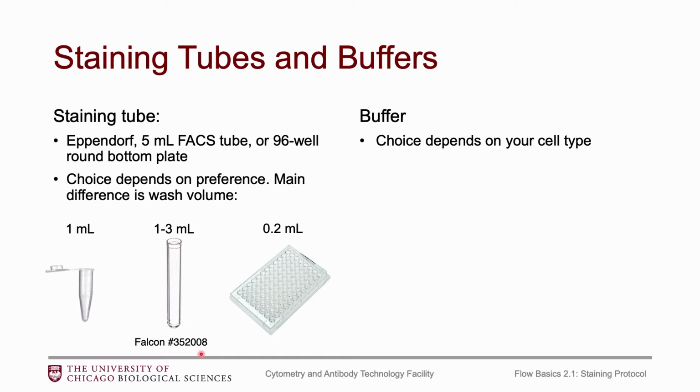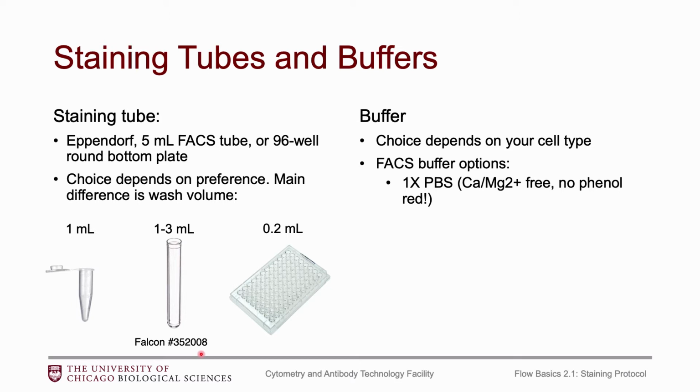Then for buffer, it really depends on your cell type, whatever keeps your cells happy. But there's kind of a lot of options. Typically for FACS buffer, our base is 1x PBS. We usually do calcium and magnesium free. The reason for this is that it's very similar to the sheath fluid in the instruments.